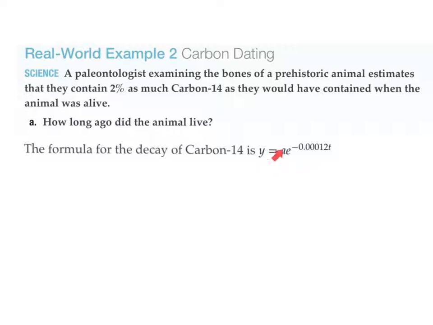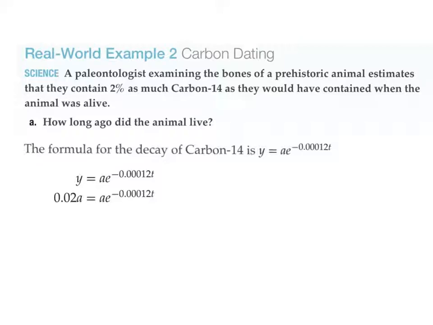Now in this case, how much is left of A, whatever that starting amount is? 2%. So how do I write that? What is 2% of A? 0.02. So instead of having a half A, this time I have 0.02A. And the rest kind of follows just like the last problem we did, where we solved for K. In this case, we have to solve for t.